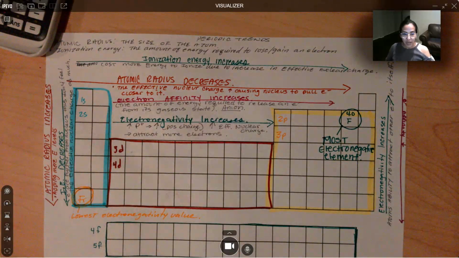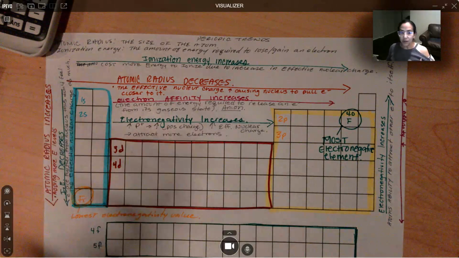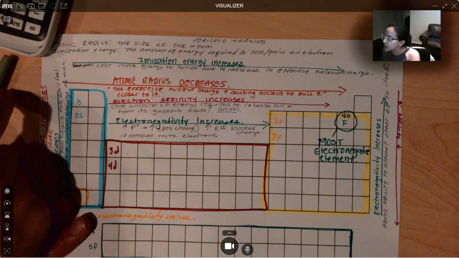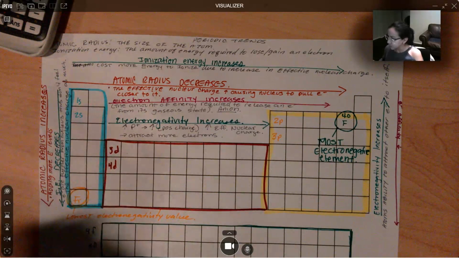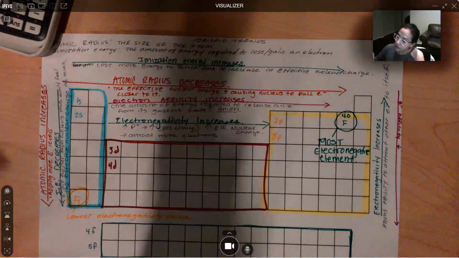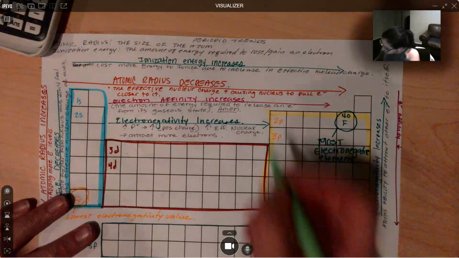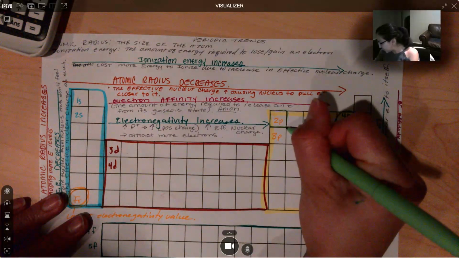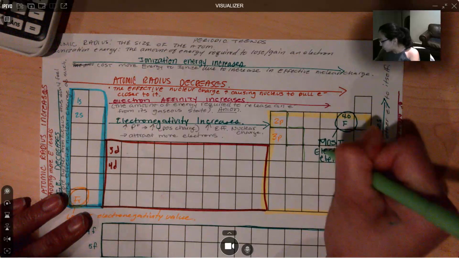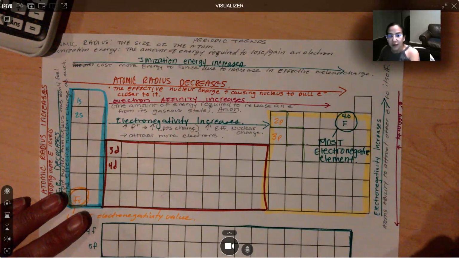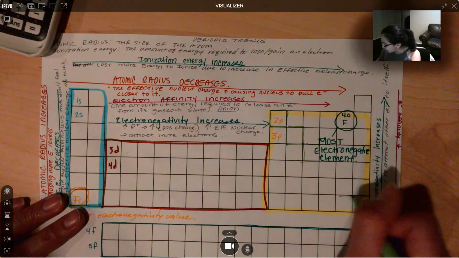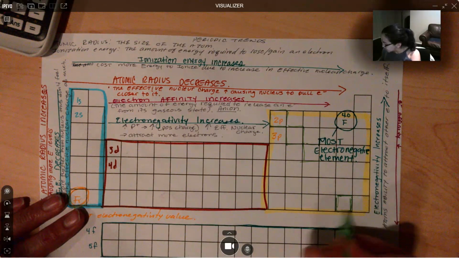Okay. Metallic character. Okay, so let's go ahead and make a line first, just to color coordinate, showing you guys where your metalloids are at. Okay, so if you draw these ones with me, these are going to be your metalloids. Okay, and metalloids are basically atoms that exhibit both metallic and non-metallic characteristics.